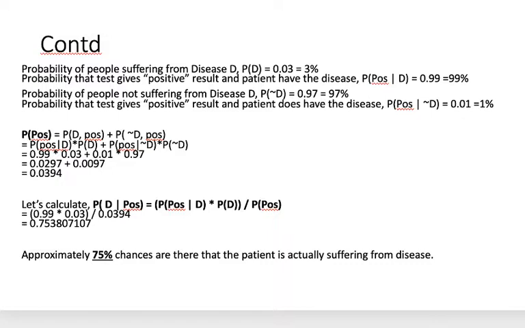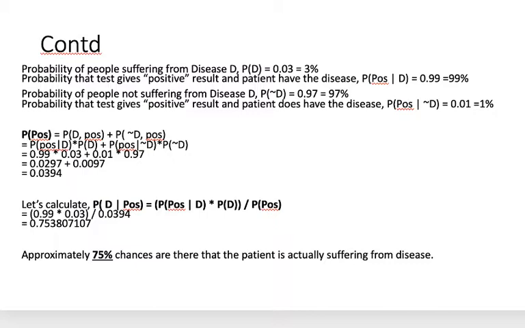So if you look at the initial assumption as claimed by the lab, it is 99% that the tests are accurate. But after getting into Bayes theorem and plugging in the values that we know of, the probability of the person actually having the disease is reduced to 75%. It is majorly impacted by the prior probability and the likelihood, and also the different cases that we are evaluating, like the probability of a positive result when the patient has the disease or does not have the disease.